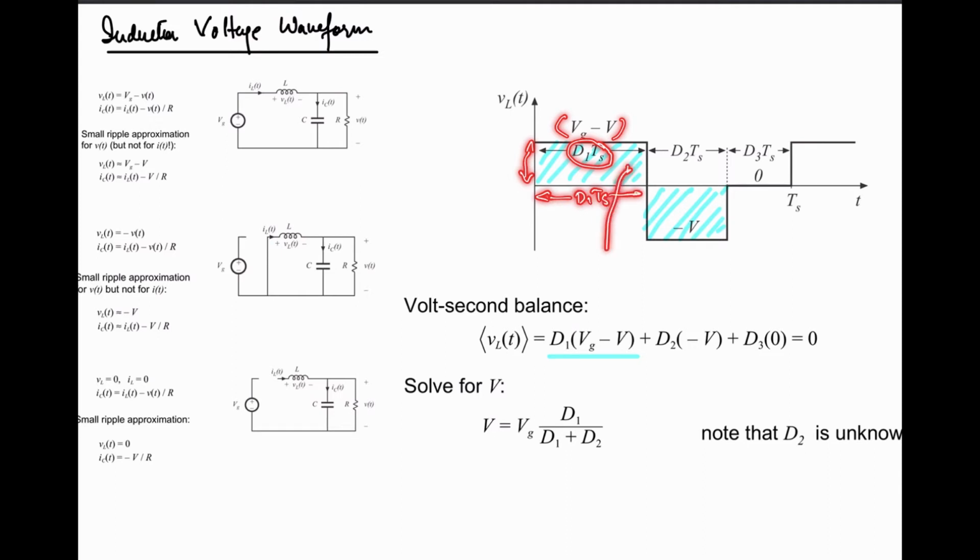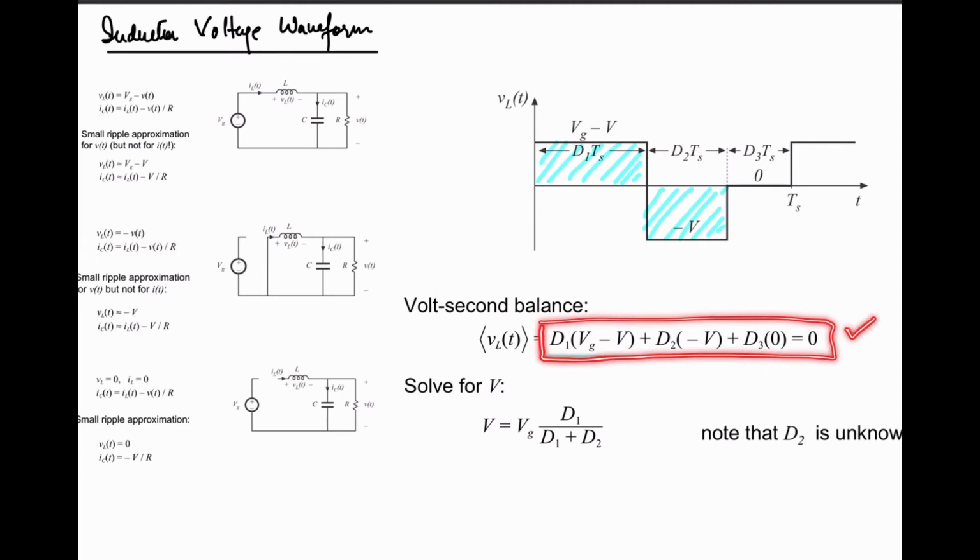This will give you this area, so that is this term, and minus V into d2 into Ts is this one, and 0 into d3 Ts is this one, and the Ts is there with all of these terms. To find out the average value of the inductor voltage, we are going to divide it by Ts, so that's why this is cancelled out. So this is the volt-second balance equation, and you are going to set it equal to 0, because the average value of the inductor voltage should be equal to 0.